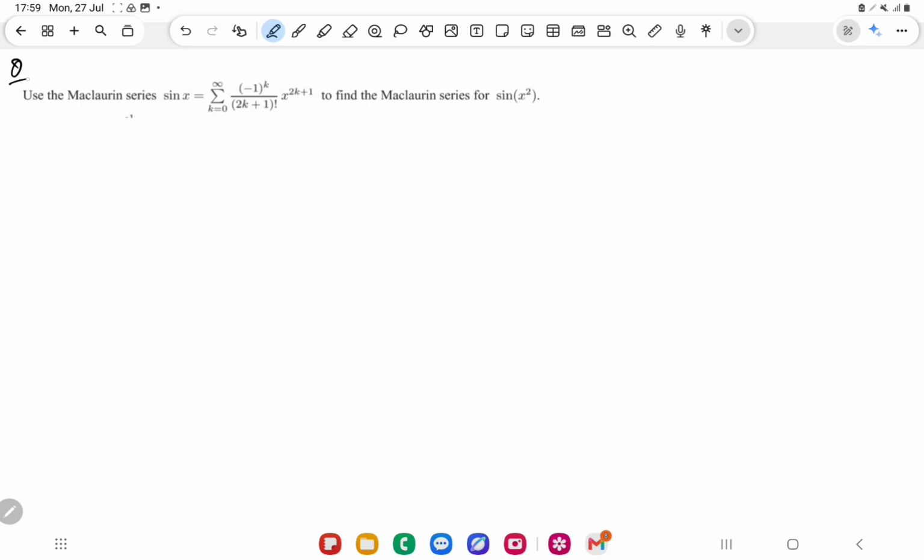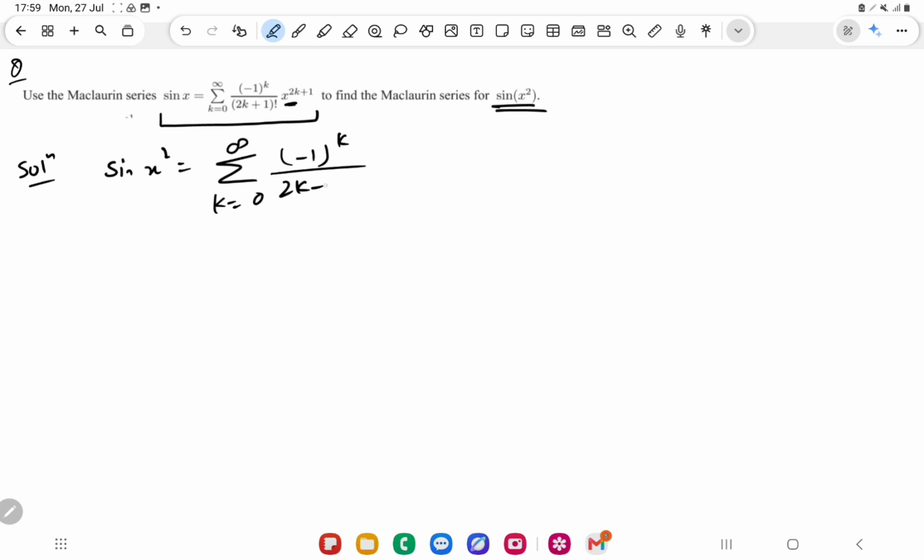Now in this question we have to use the Maclaurin series for sin x to find the Maclaurin series of sin x whole square. So again we will be replacing this x by x square. So for sin x square I can write this as it is because it's a constant, 2k plus 1 factorial.